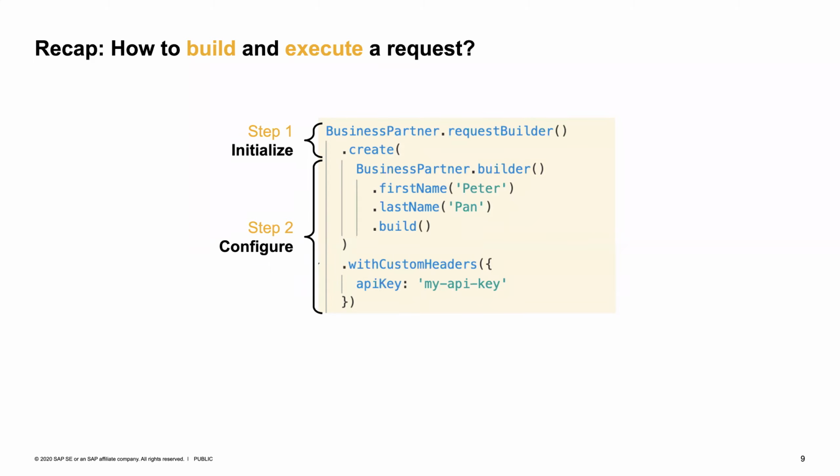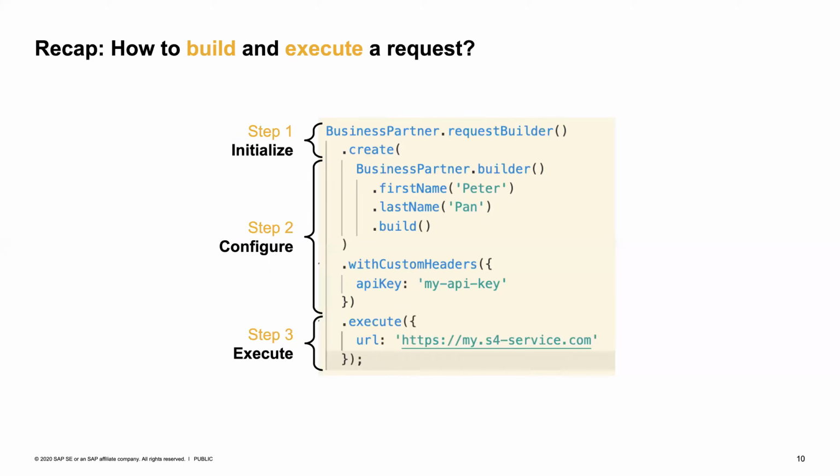So step 1, initialize, step 2, configure, and the last step is execute. In the last step, you say against which destination you want to execute your request. This example here shows the most simple destination, which would be just a URL. In previous sessions, we've also talked about different ways of talking to destinations.